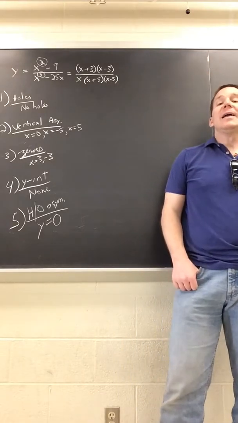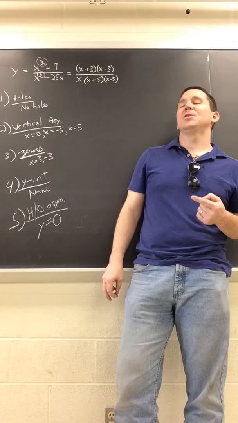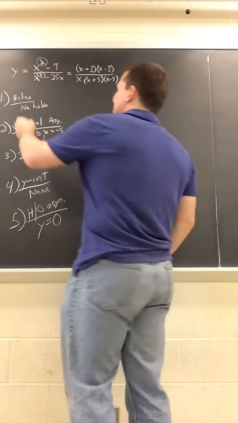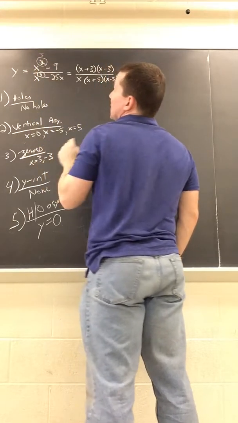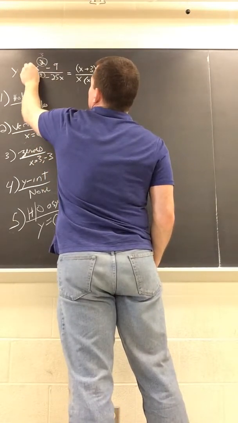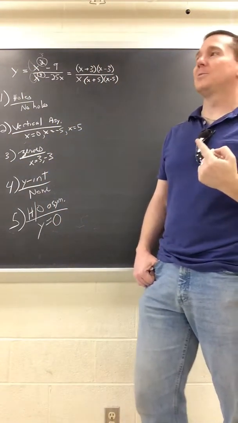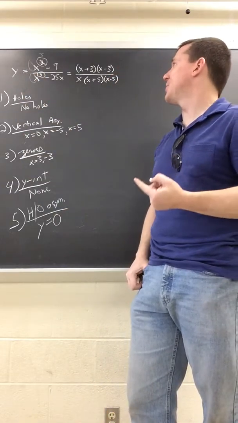If the degrees are the same, you get a horizontal asymptote at the quotient of the leading coefficients. If this was an x cubed and the degrees were the same, we would look at the leading coefficients, 1 and 1, and our horizontal asymptote would be at y equals 1 over 1. So it's pretty straightforward.